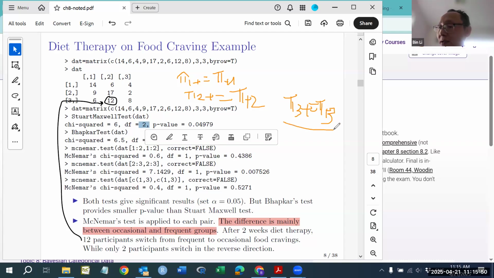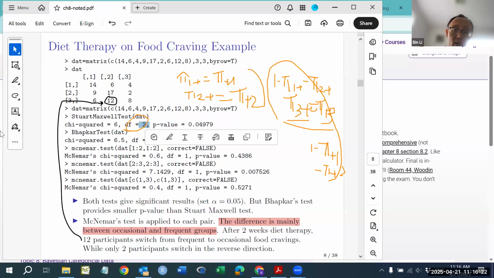The third one is redundant. Why? Because the third one, we can write as 1 minus pi 1+ minus pi 2+, is that right? Equals 1 minus pi +1 minus pi +2. So you can see the third one is redundant. So the only degrees of freedom are what? It is 2. So that's why the degree of freedom is 2.